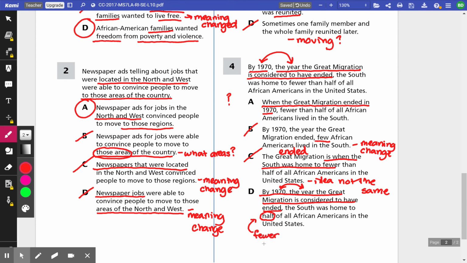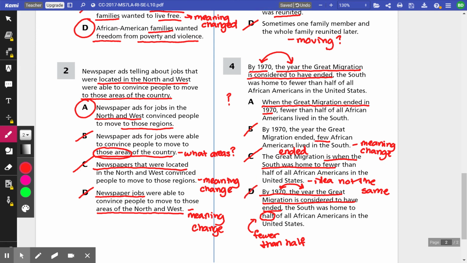They've changed their numbers in this sentence, trying to eliminate wordiness, and it kind of backfired on them, right? They didn't change the right part, because now the meaning of the sentence is changed. It's saying half of all when it should be fewer than half. So because of that change, answer choice D is not our best option.